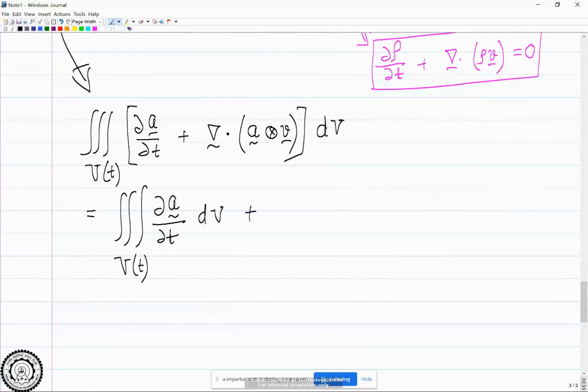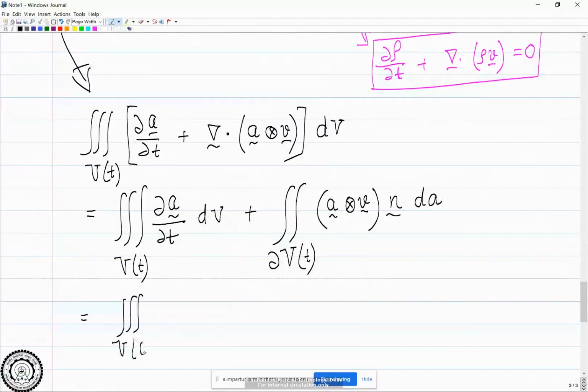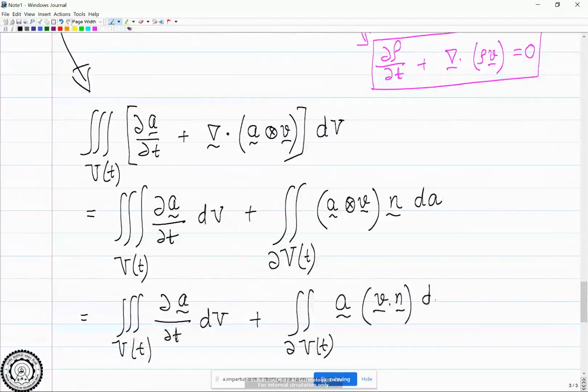I think we have worked it out, and it came out to be integration over the surface del Vt of A tensor product V multiplied with the outward normal N, dA, which is finally integration over Vt of del A by del t dV plus integration over del Vt of A times V dot N dA.